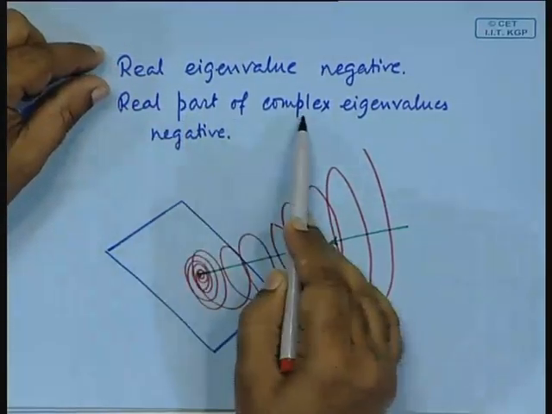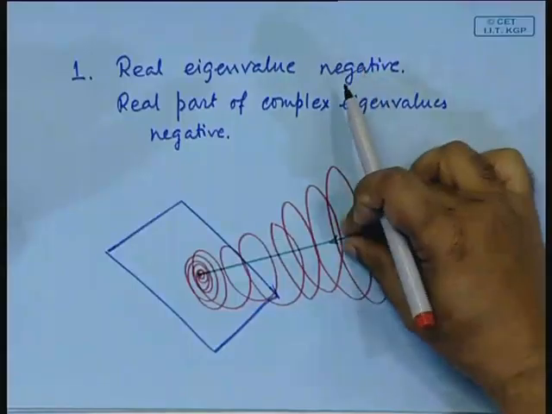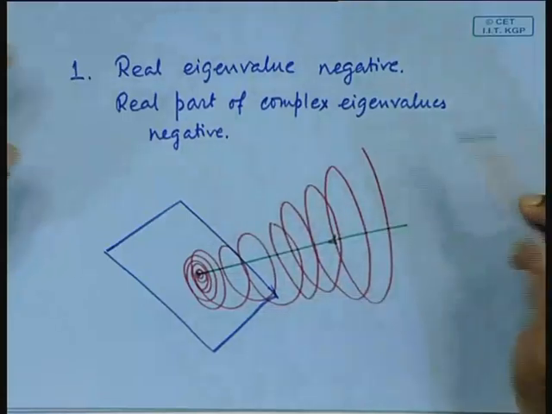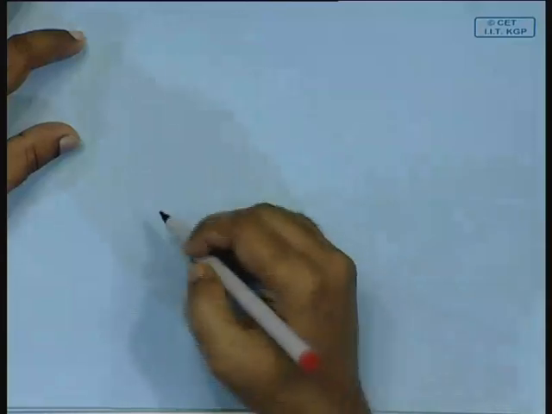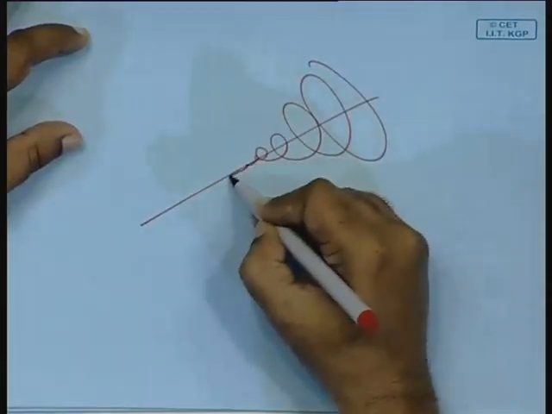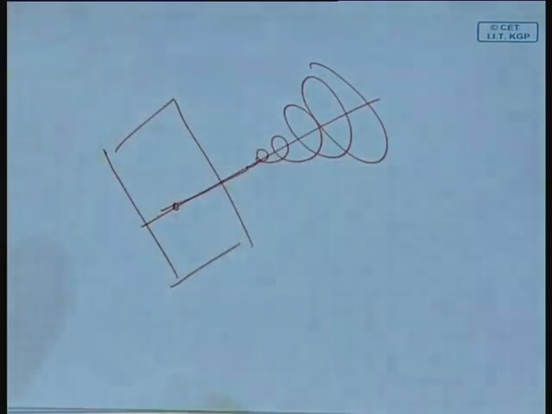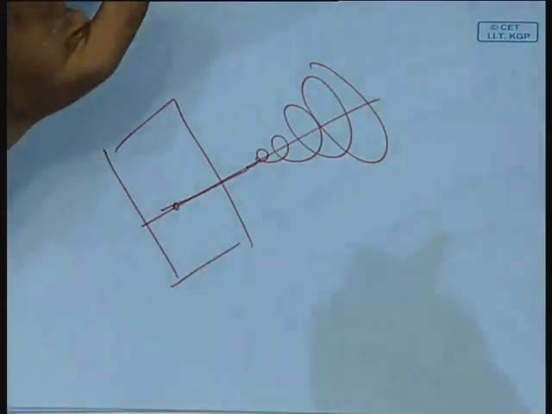If this real part is larger, that means larger negative, then what will happen? Yes, it will first converge onto this line and then it will go on. So whether this picture will be true or this picture will be true will be dictated by the magnitude of the real parts of the eigenvalues.